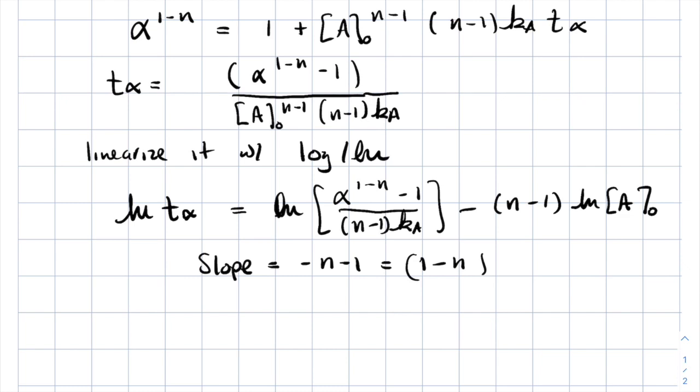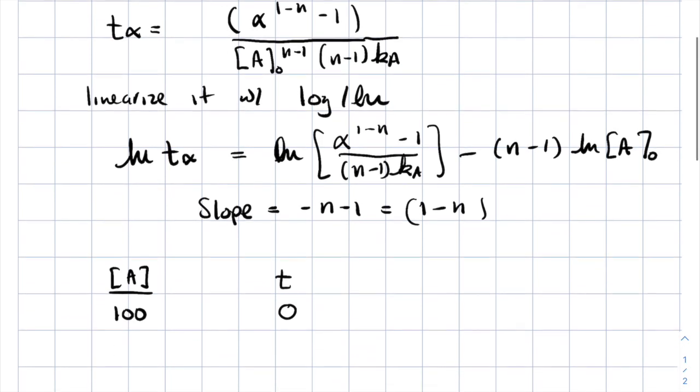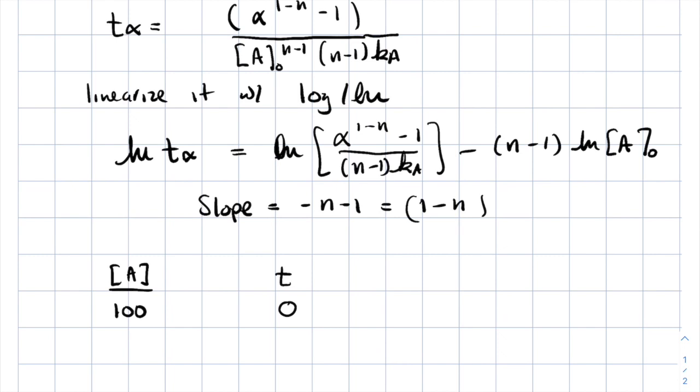Okay, if we start with some data, let's say that we have some concentration data versus time, right? Let's say that we start off with 100% or 100 millimolar, or whatever it is, at time 0. All right, so if we decide that we want our alpha to be 0.75, this is the number Levine uses.